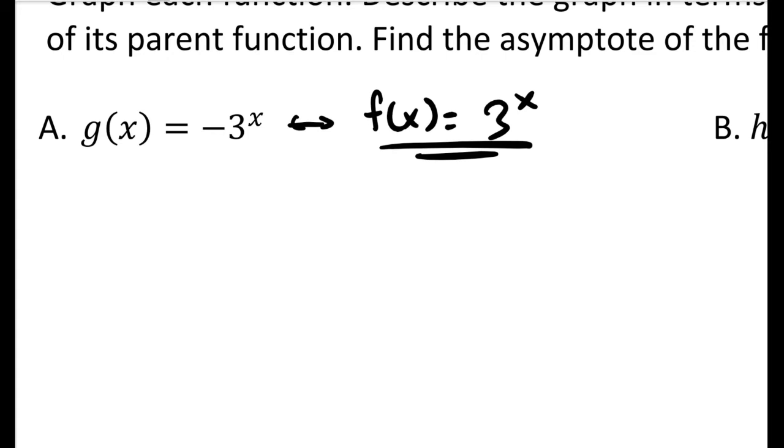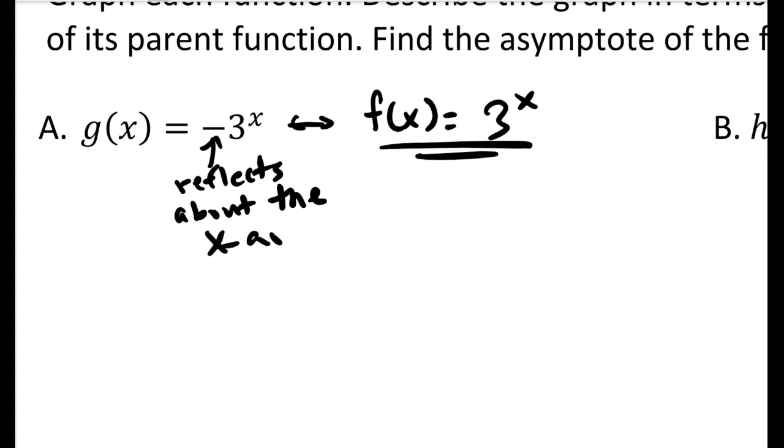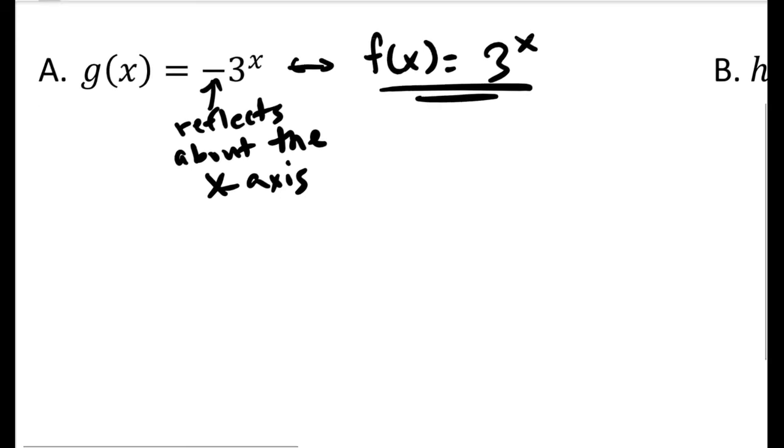Well, there's just a negative there, and the negative does a reflection. Remember that this negative reflects about what? In this case, it reflects about the x-axis. How do I know it reflects about the x-axis?